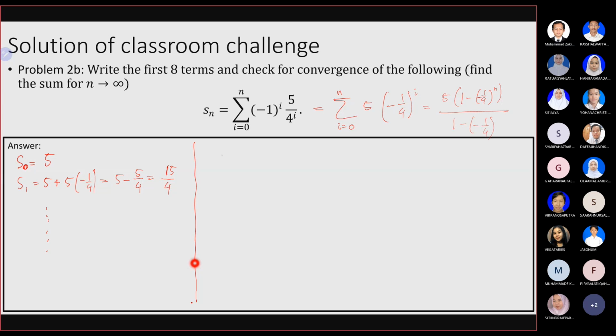So as n goes to infinity, we have that Sn goes to 5 over 1 plus 1/4, that is 4.